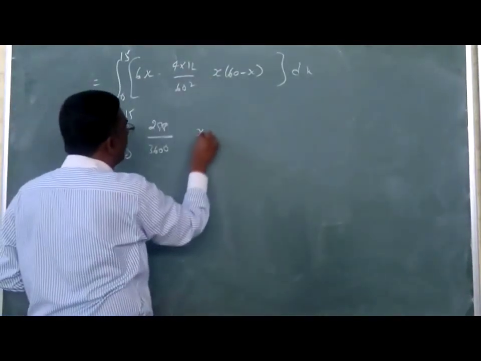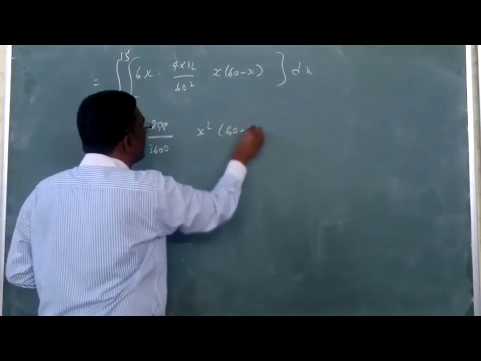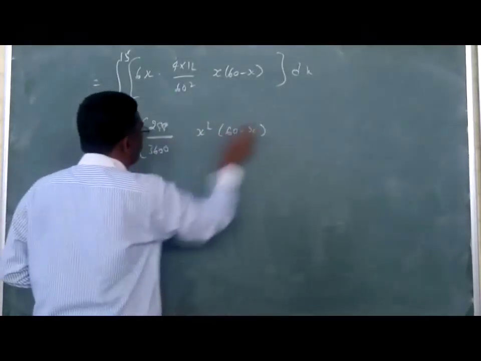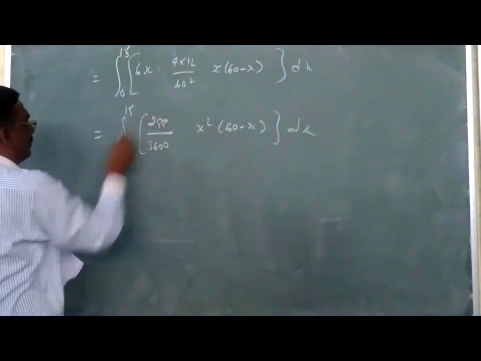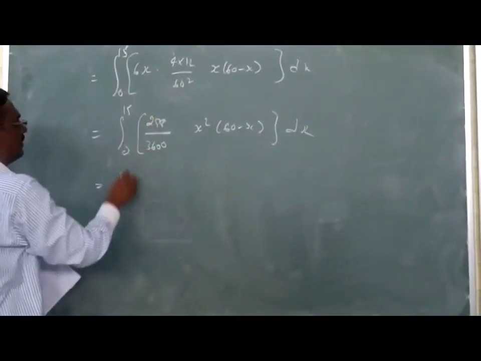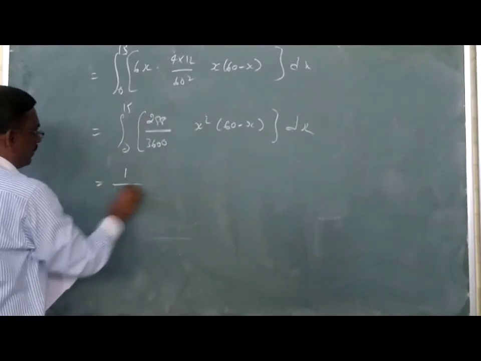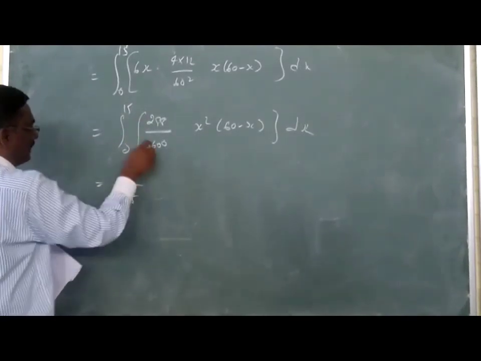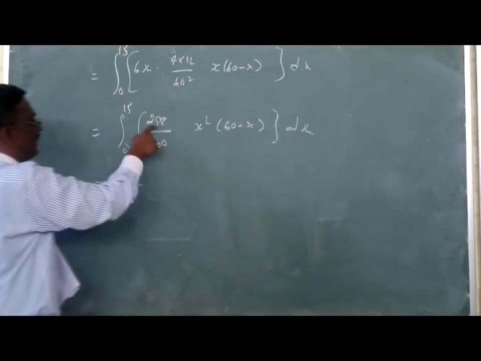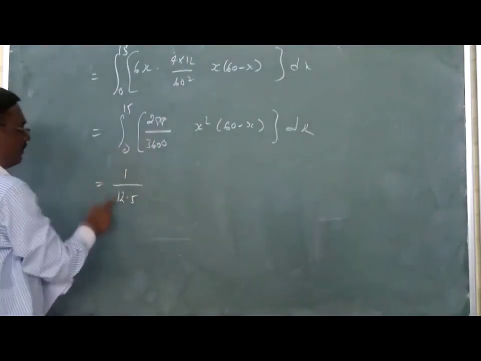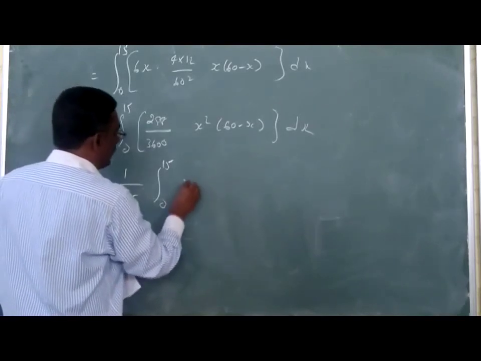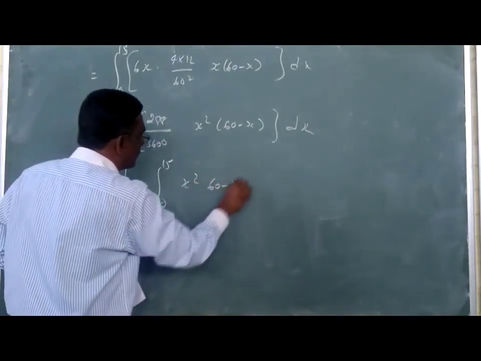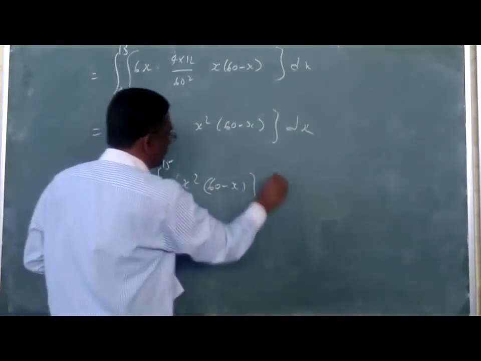Again, this is x square, 60 minus x, dx. Taking this component out and simplifying, we get 1 by 12.5, since 3600 divided by 288 is 12.5. So 1 by 12.5, integral 0 to 15, x square into 60 minus x, dx.